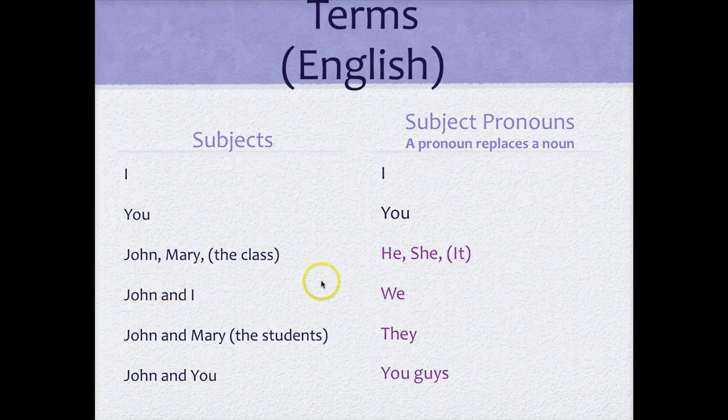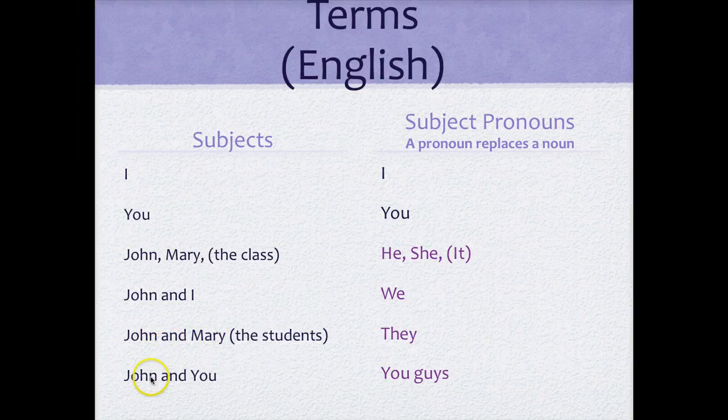John and I, or we, is oftentimes called first person plural because it implies that it is I plus other people. In this case, it is I plus John, so it is first person plural. The next one is called third person plural, because we don't just have John in this case, we have John and Mary.